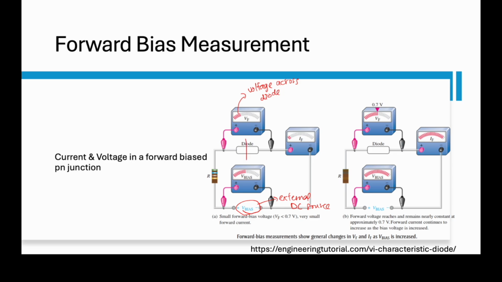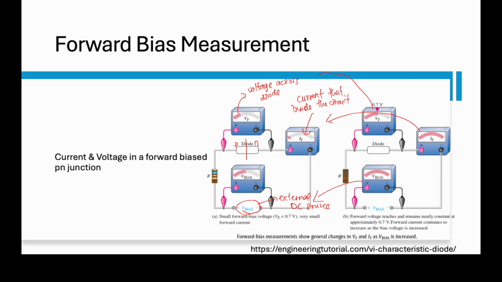Let's say this is the P and this is the N. IF is the current that flows inside the circuit. So the same goes here: we have VF, we have IF, and we have V bias.